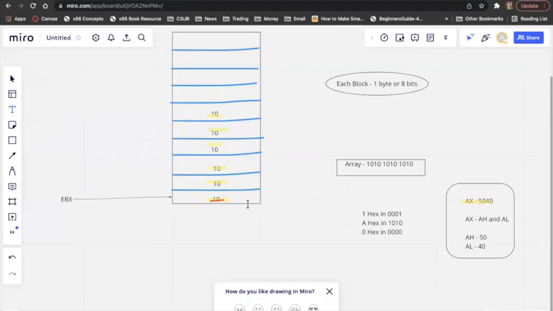It's the lower bits of AX, so this will be 40 in this place, and the top 8 bits are 50, so we will replace the address right above this with 50.